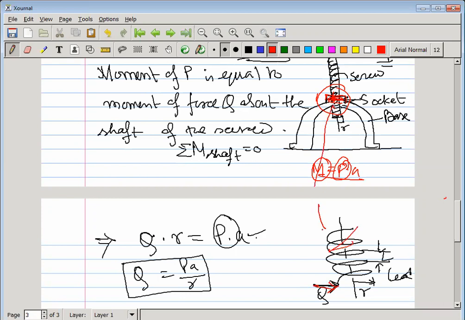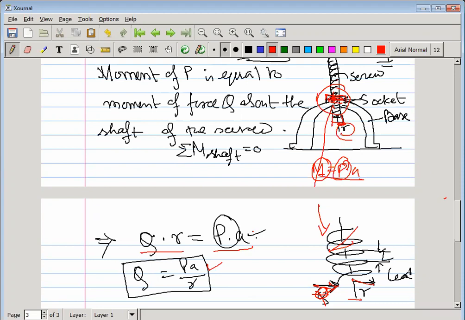And if the screw thread has a diameter with radius R, then R into Q, the reacted force, so that Q into R is equal to the acted moment P into A. So that's why Q is equal to P into A by R. Up to this, is it clear?